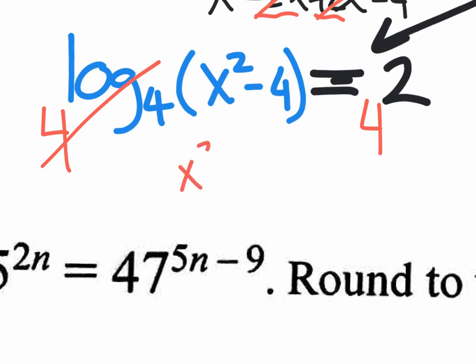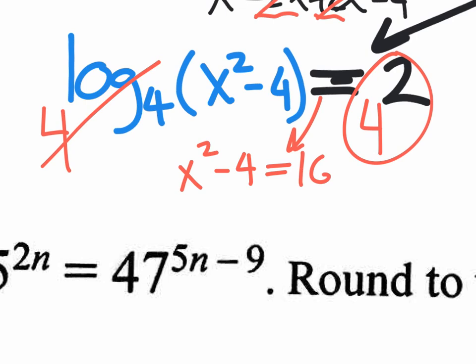The x squared minus 4 comes down. The equal sign also comes down. And 4 squared is 16. So at this point, I notice that there's a quadratic, right? It's x squared. Now, if there was another x right here, or if this 16 were an x, if I had an x squared and an x, I would move everything to one side, set it equal to 0, and try to factor, split, and solve, or at the very least, always be able to fall back on the quadratic formula.